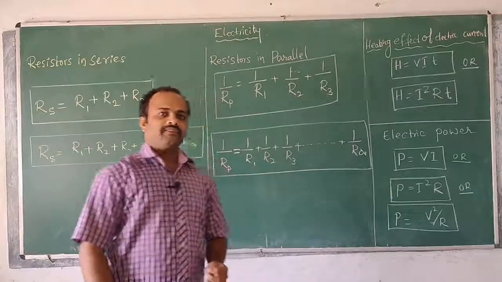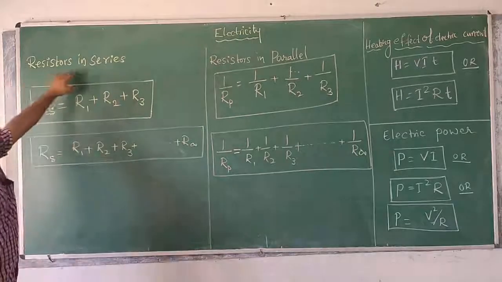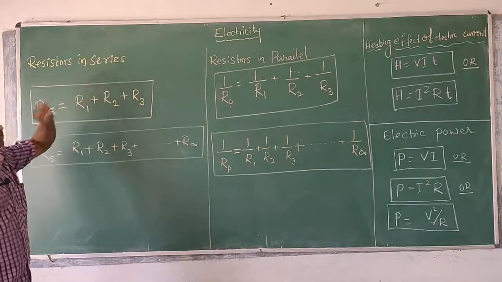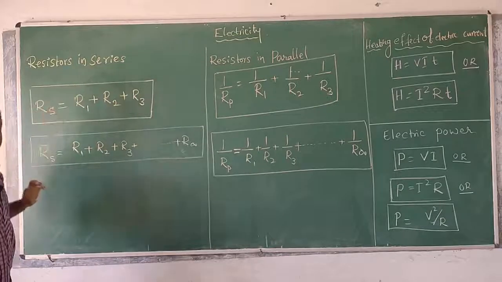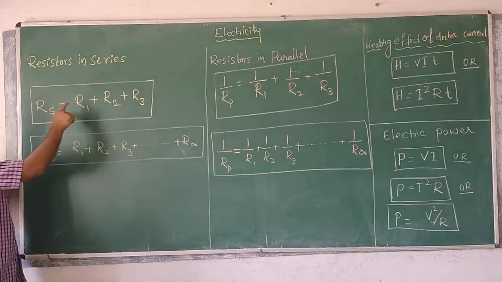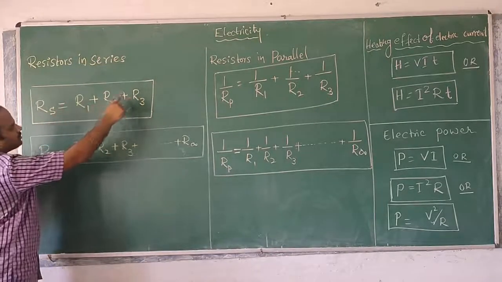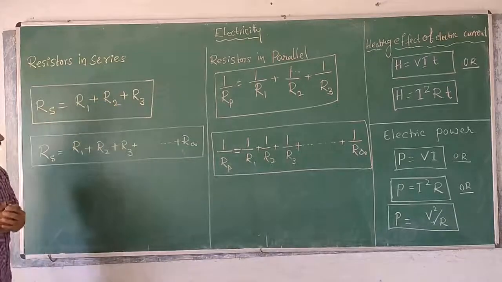Okay students, the next formula is resistance in series. The total resistance we have to find. Resistance in series, Rs is equal to R1 plus R2 plus R3, if three resistors are given.